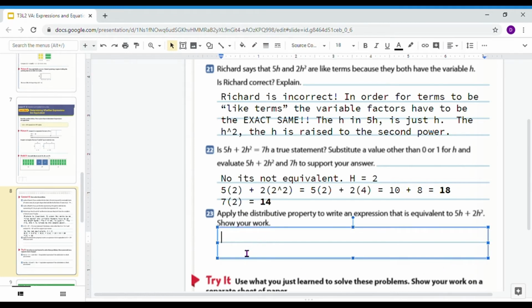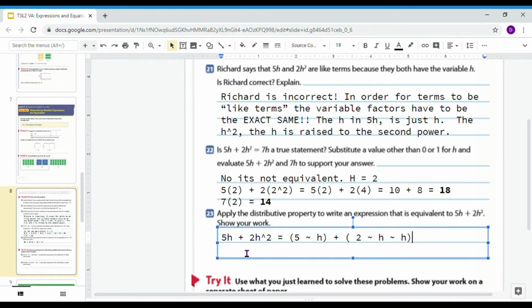So when we're looking at 5h plus 2h squared, when I'm breaking this down, I see 5 times h plus 2 times, remember, h times h.